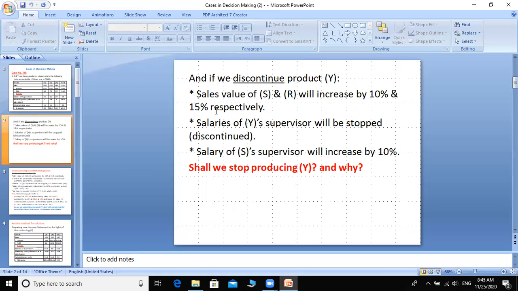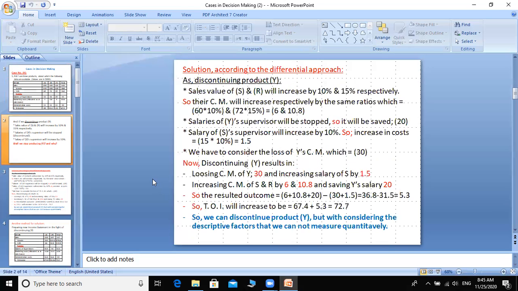Sales of R will increase 15%. The salary of Y's supervisor will be stopped. The salary of S supervisor should be increased by 10%. Shall we stop Y or not? And why? Now, the solution according to the differential approach.